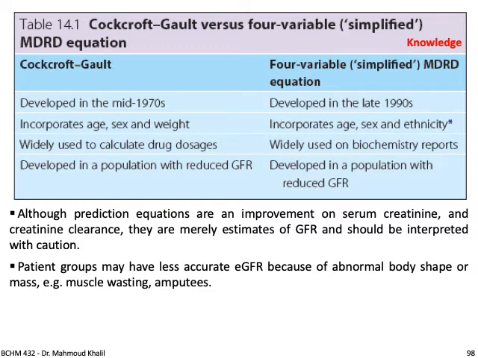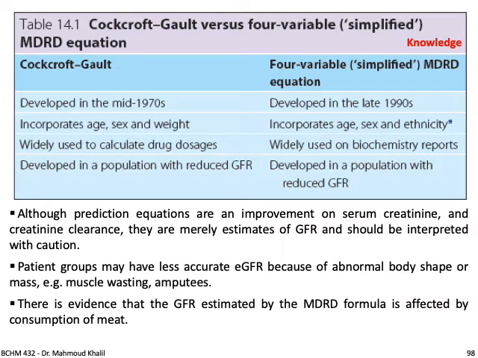Patient groups may have less accurate GFR because of abnormal body shape or mass, like muscle wasting or amputees. There is evidence that GFR estimated by the MDRD formula is affected by consumption of meat.